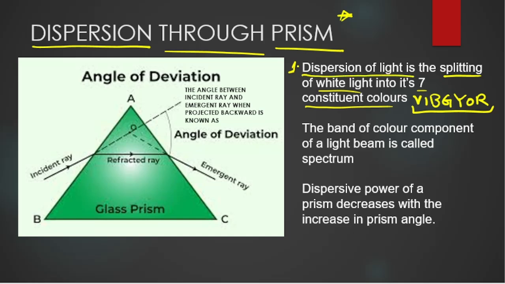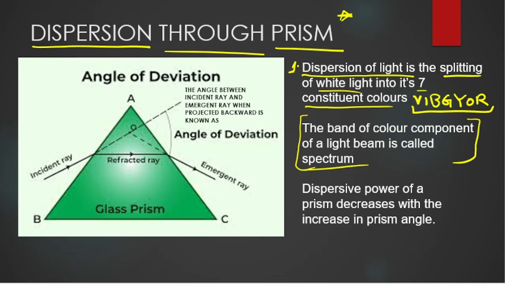The band of color components of a light beam is called spectrum. I have just written this, it has no hidden meaning, but you can write it down in your notes, so that if they ask you in an MCQ what is known as the band of color components of a light beam, you can answer it's spectrum.